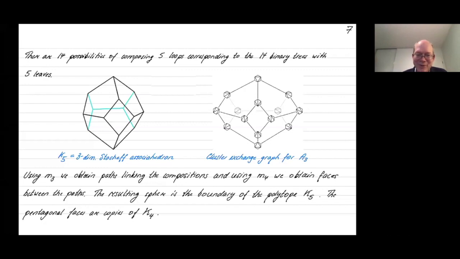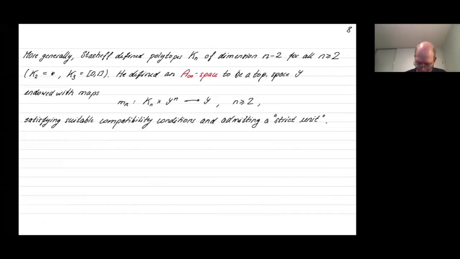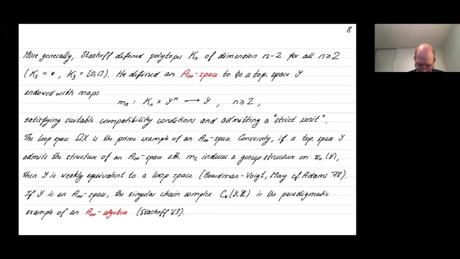I am not precise in this topological part, but I will be precise in the algebraic part. If there are no more questions, then I will pass to the definition of A infinity algebras.